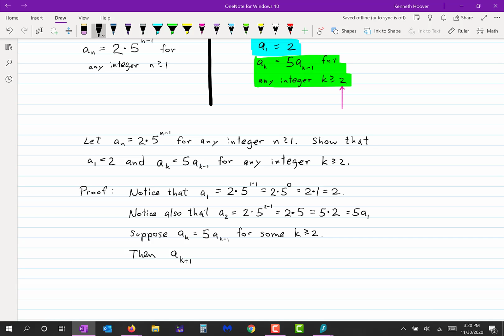Okay, so where do I start out? Well, I have a formula here. So let's use it. So a sub k plus 1 will equal what? It will equal 2 times 5 to the k plus 1 minus 1. Okay, that's fine. That is 2 times 5 to the k, correct?